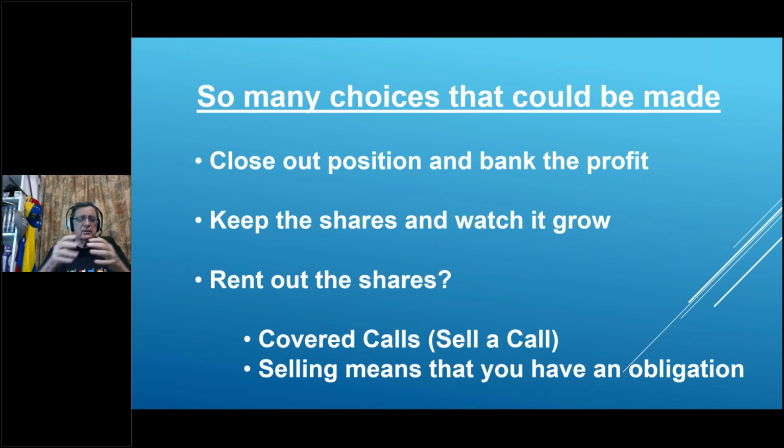But let's just say over a period of a couple of months. In that period of time, I sold you the right to buy my 100 shares. So I have an obligation to sell it to you at that price. During that period, anytime you can say, give me the shares for that price. And I have no choice. I've got to give them to you.